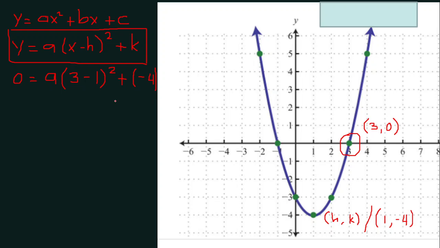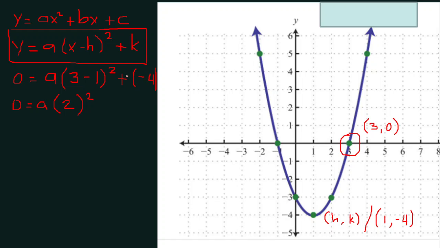There. Then let's simplify this. You have 0 equals a, then you have 3 minus 1, that's 2, raised to the power 2. So you have here a positive and negative separated by a parenthesis.